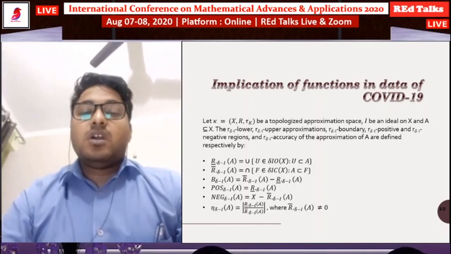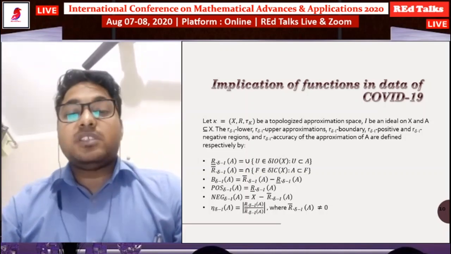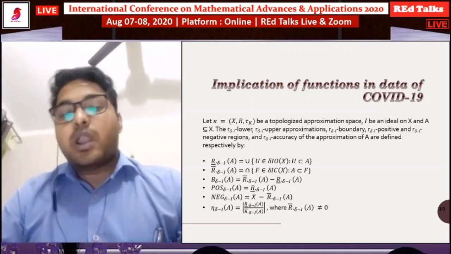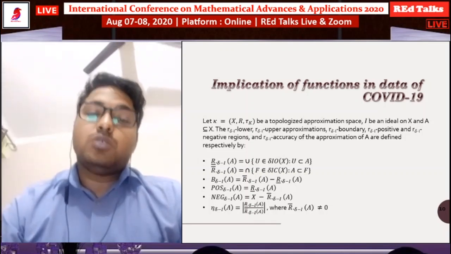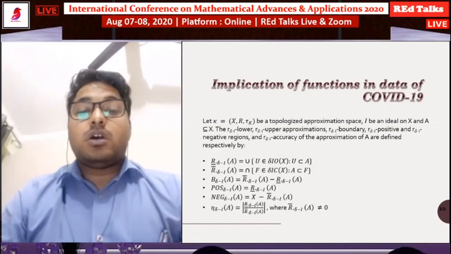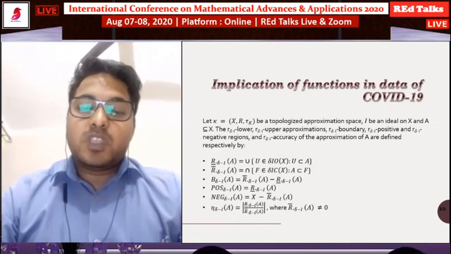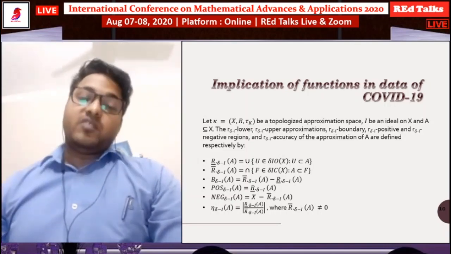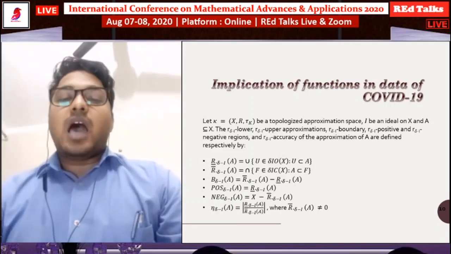That is the upper approximation minus the lower approximation. The positive region is equal to the lower approximation of A, and the negative region is equal to X minus the upper approximation of A.